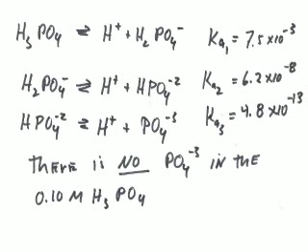That means the dihydrogen phosphate is going to have little success getting rid of its proton, and the actual concentration of hydrogen phosphate in solution is going to be about 10 to the minus 12th molar. And of those, they're going to have to ionize their protons with a Ka of 10 to the minus 13th, which means basically there are no phosphate ions themselves wandering around in the solution of 0.1 molar phosphoric acid.